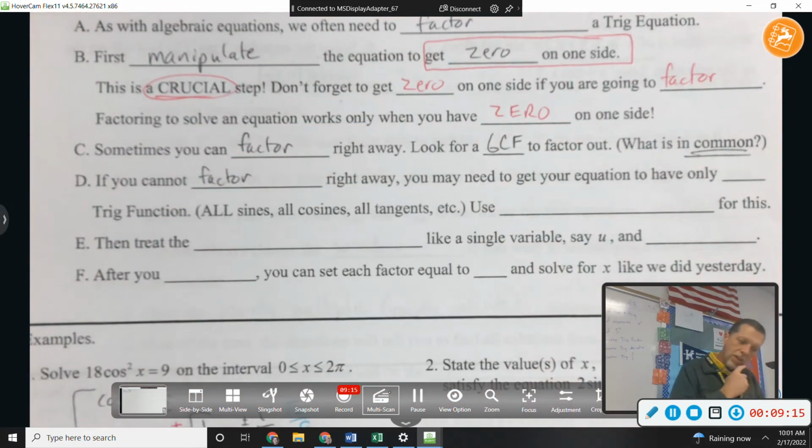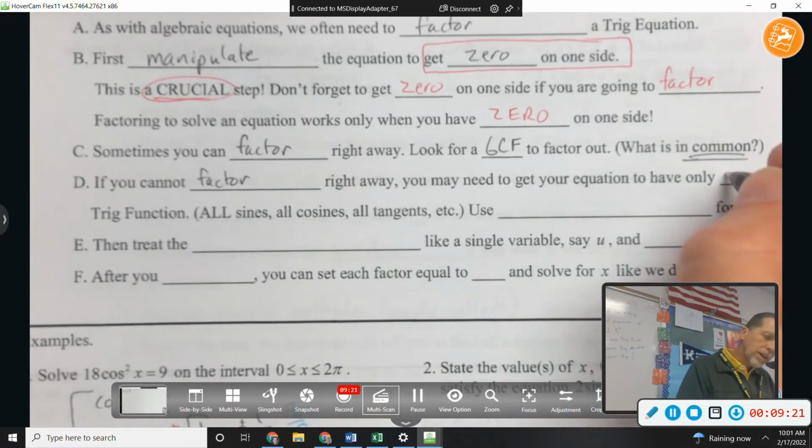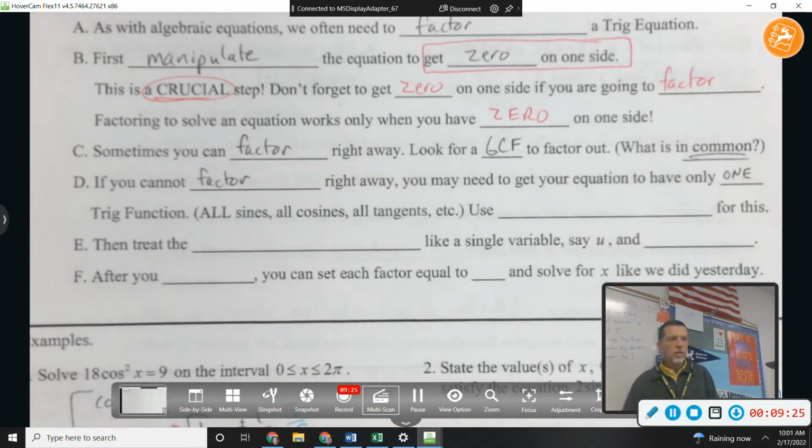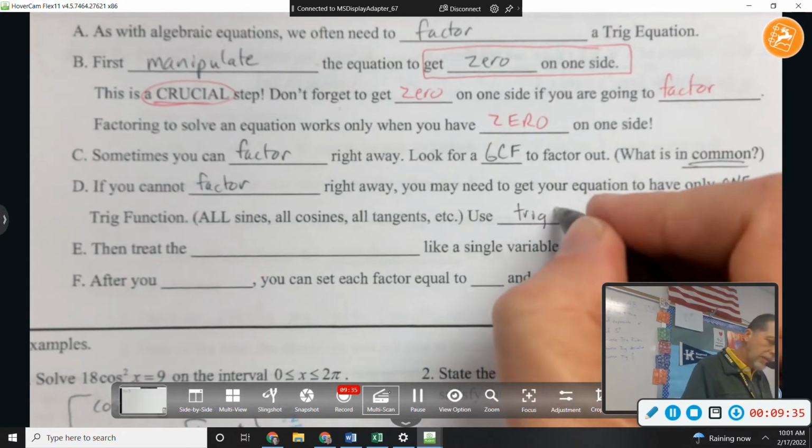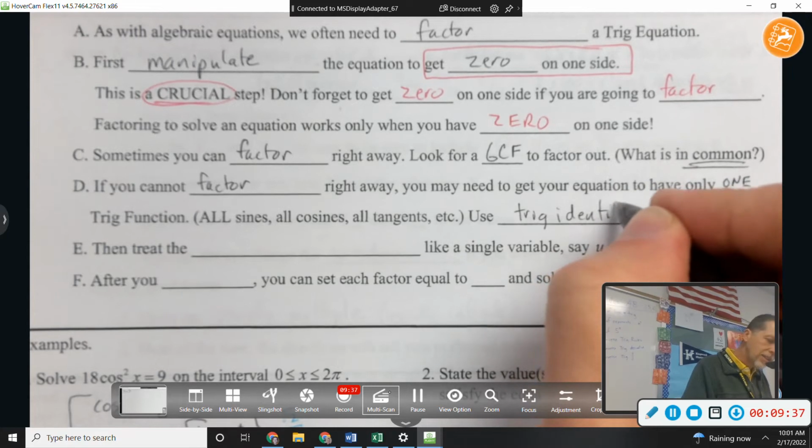Letter D. If you can't factor right away, you may need to get your equation to have only one trig function, meaning make it be all sines or all cosines or all tangents. And we may need to use trig identities to do this.